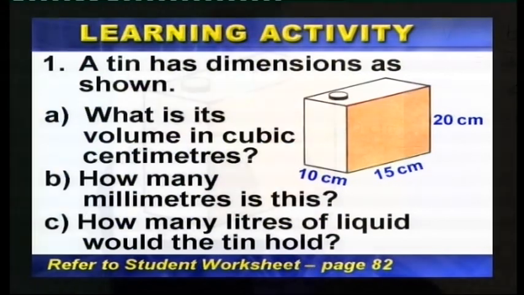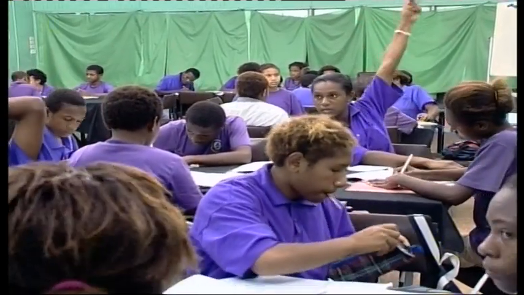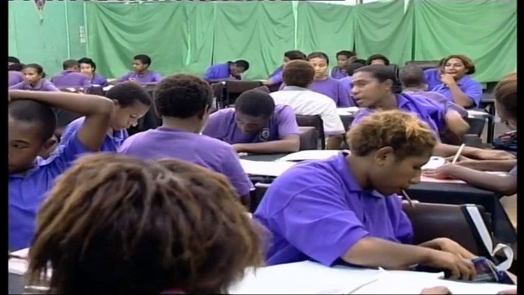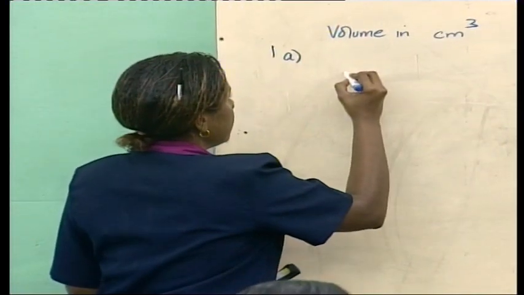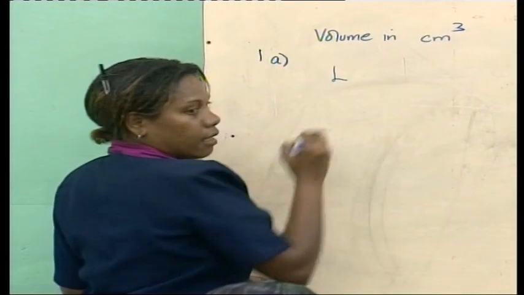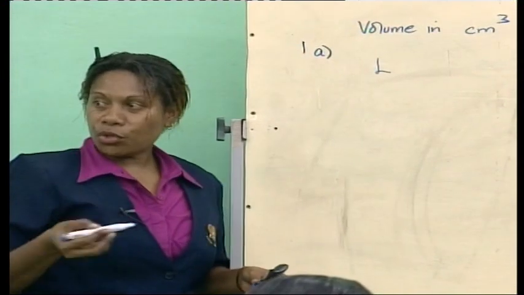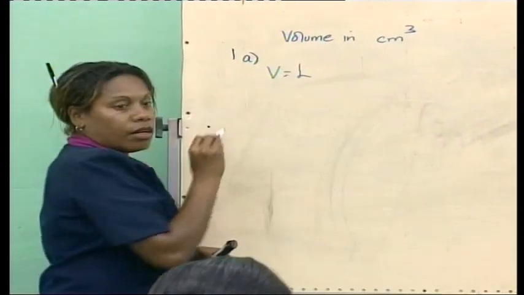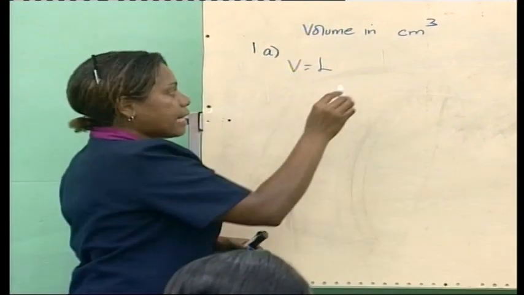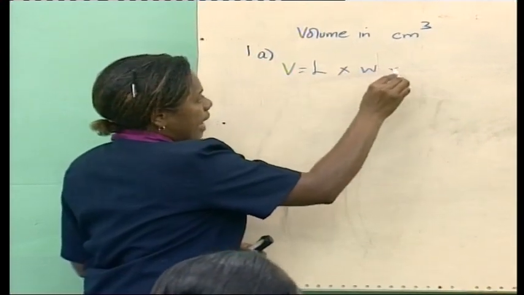All right, volume in cubic centimeters, class? Okay, what are we going to do, our formula? Volume equals length times width times height.